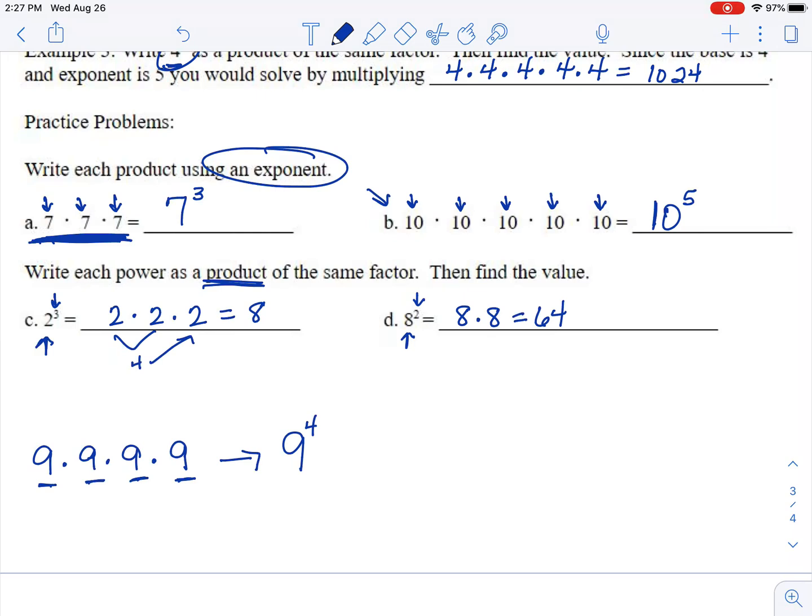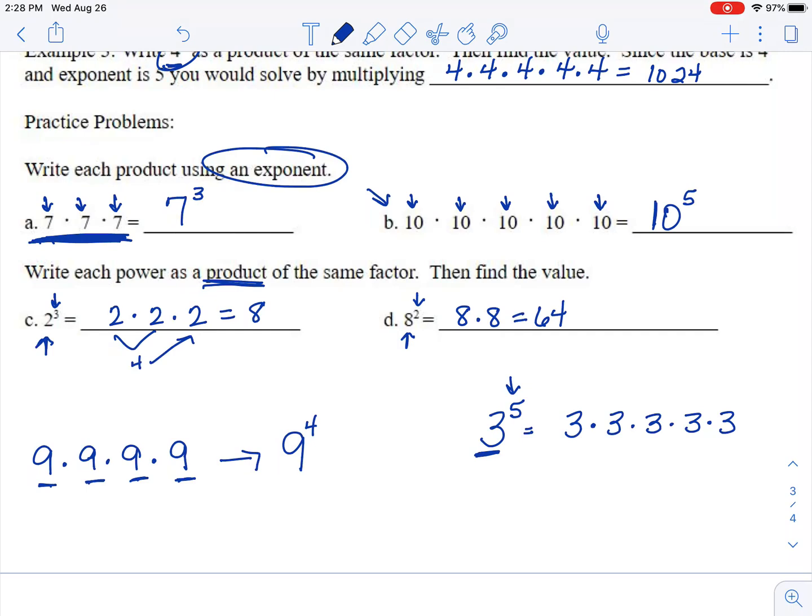And then sometimes I will have this, and I'll ask you what problem would solve this. And the 3 is my big number, so the 3 is what I'm going to multiply over and over and over again. And since 5 is my exponent, you would be looking for 3 times 3 times 3 times 3 times 3.